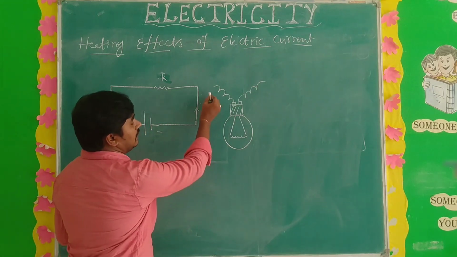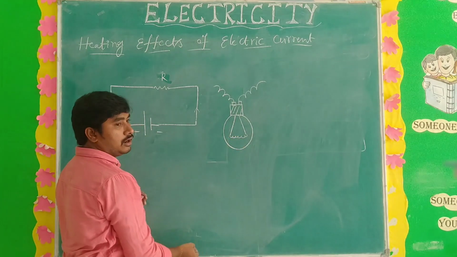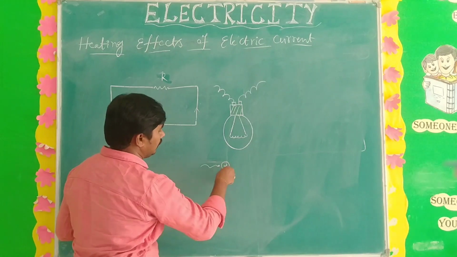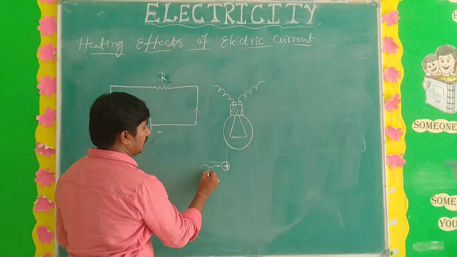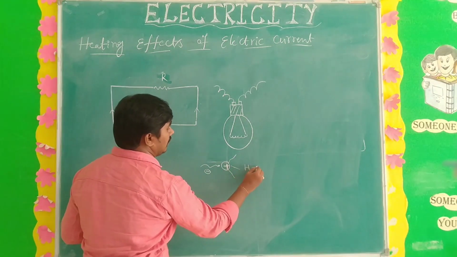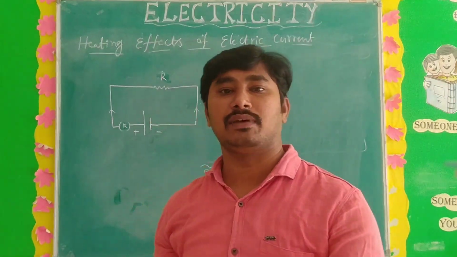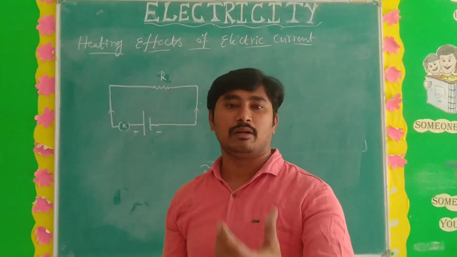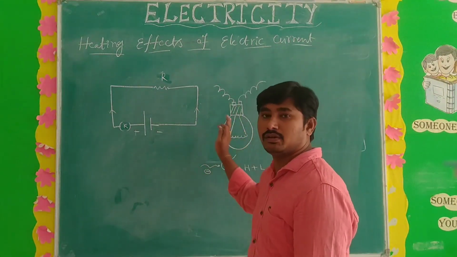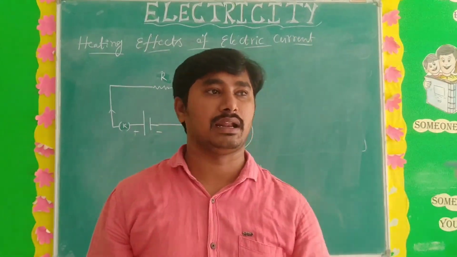When the electrons enter the bulb, they touch the filament and collide with positive ions, giving heat energy and light energy. This is the heating effect of electric current. Iron boxes and heaters are the same process: by using electricity, we produce heat energy.